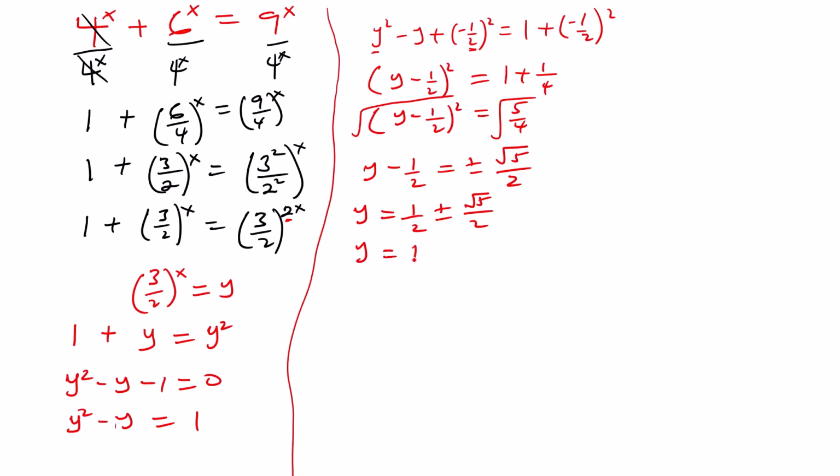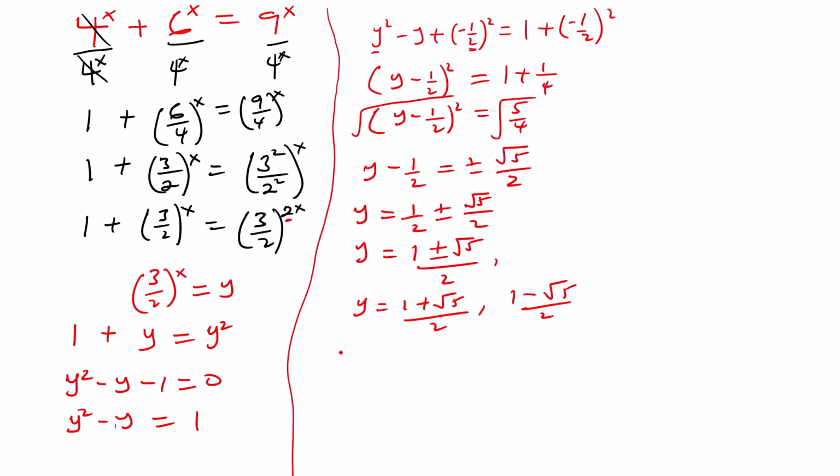So we have 1 plus or minus root 5 on 2. So it means we have two answers for y. The first one is y equals 1 plus root 5 on 2, or 1 minus root 5 on 2. Now when you simplify, this one is negative, and this one is positive.